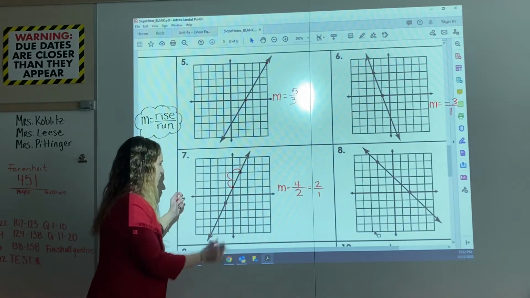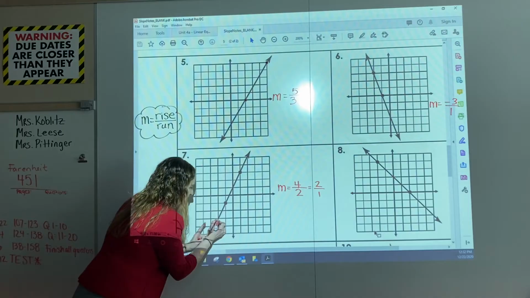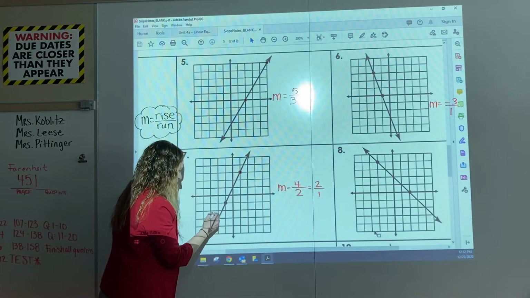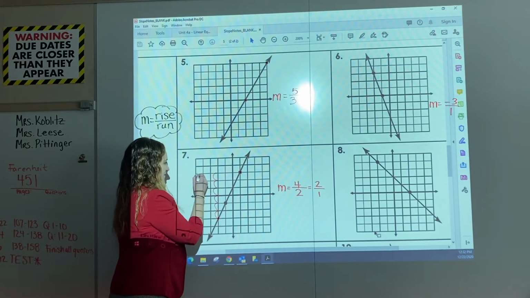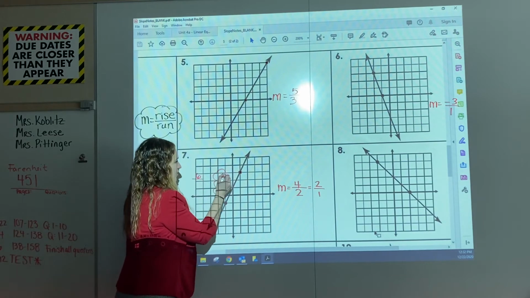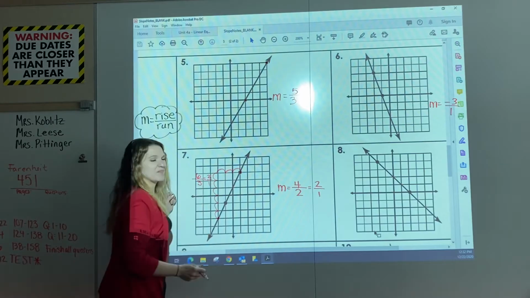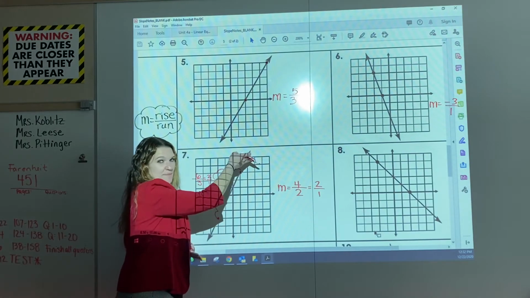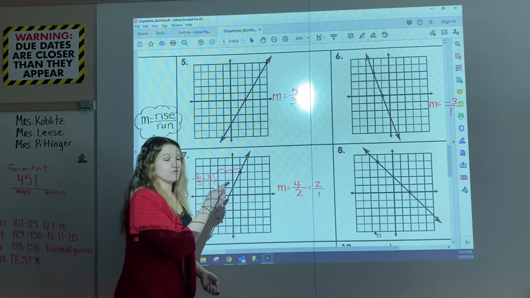If I wanted to go for a more extreme, let's go down to here. If this was my starting point and this was my ending point, I would rise 1, 2, 3, 4, 5, 6. We have positive 6 over 1, 2, 3, which was simplified at 2 over 1. So as you can see, it is a constant slope the entire time, no matter what 2 points you pick, because they won't always give you your 2 points.